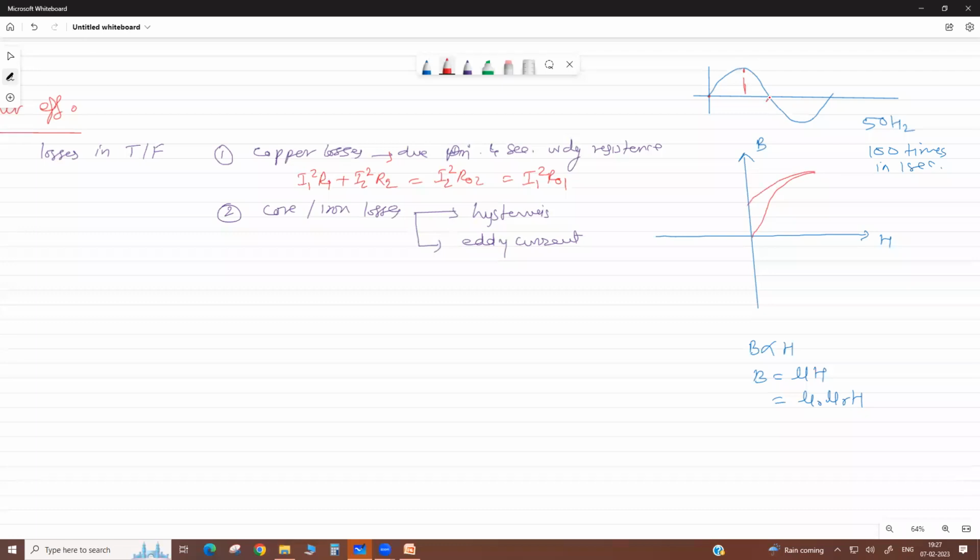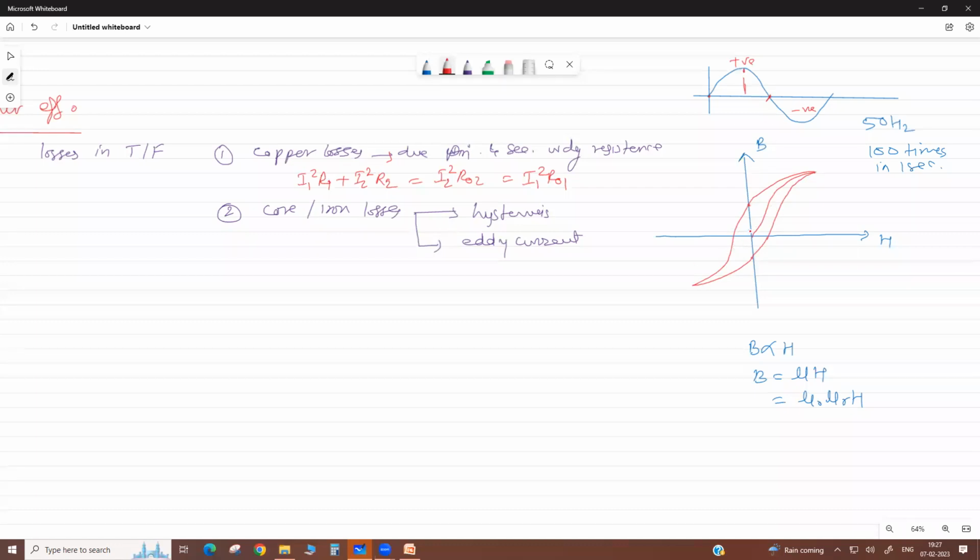Now when your current passes zero, the flux does not become zero. Then this is negative, this is the positive pulse. When negative, it is demagnetized further, then it starts to magnetize in the reverse direction. So in one cycle it reaches here like this, then again magnetizes, and this forms a loop.